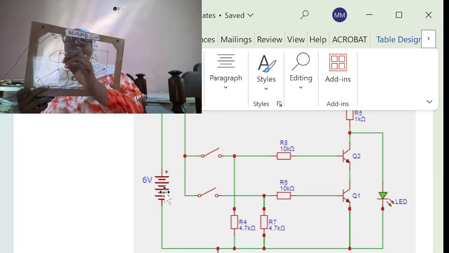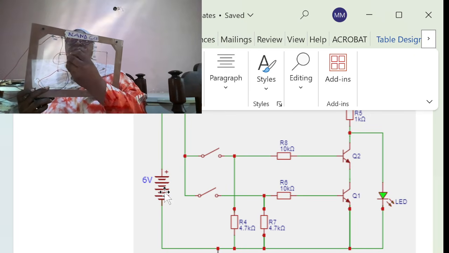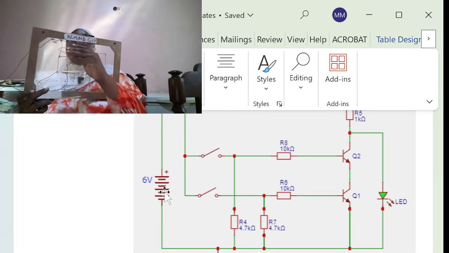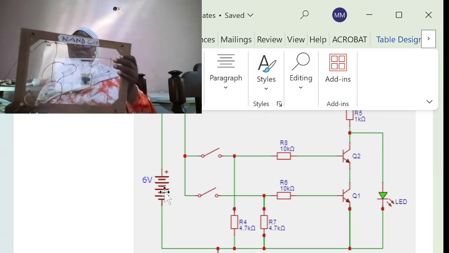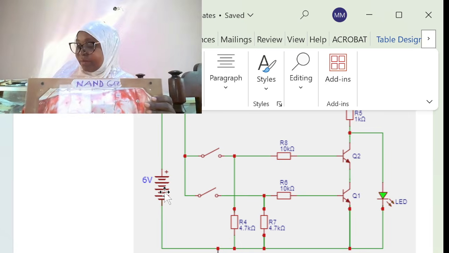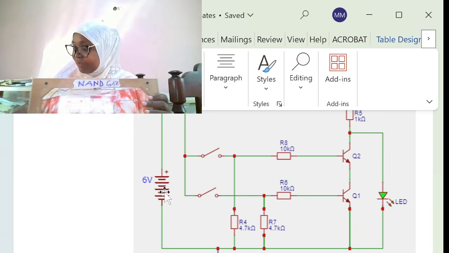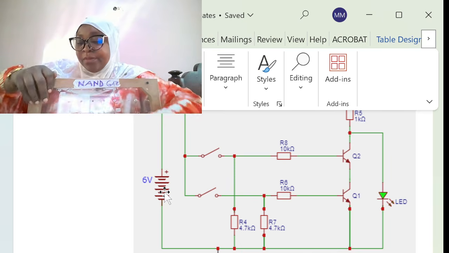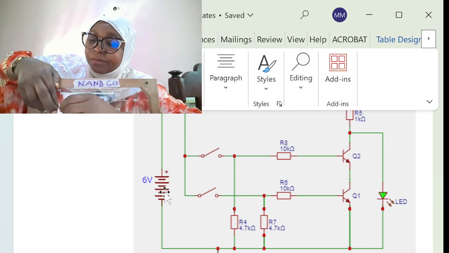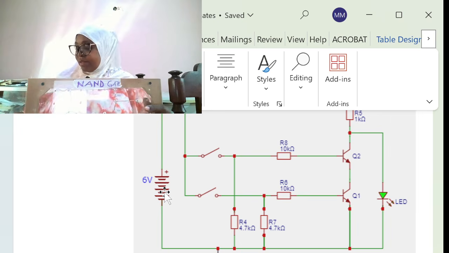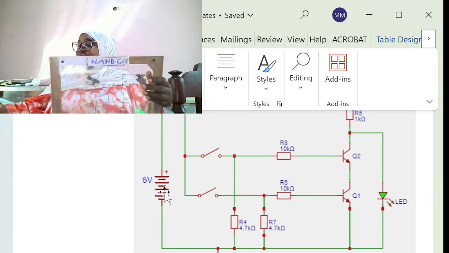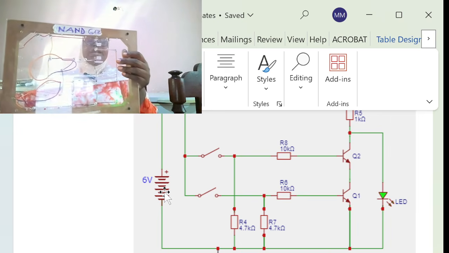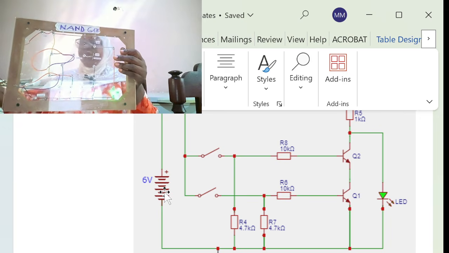Whenever either switch is opened, the diode will show the result, as you can see here.